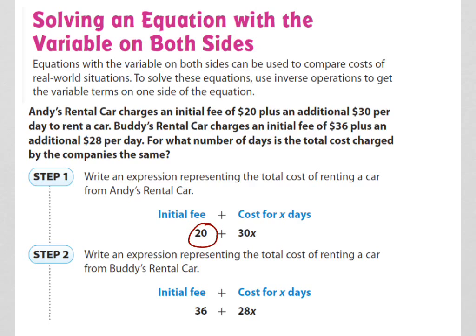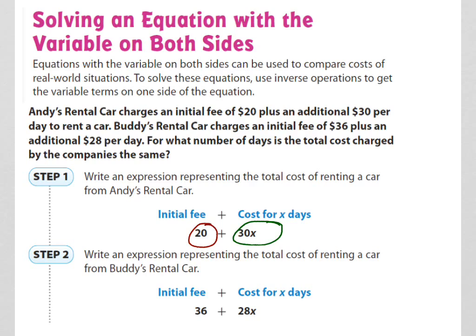If we're thinking about the initial cost or the y-intercept, this is where that is. And then he also charges $30 per day. So for X amount of days, he's going to charge 30. So we can say, let's use X for days. So we're looking at total cost is equal to 20 plus 30X, or the expression is 20 plus 30X.